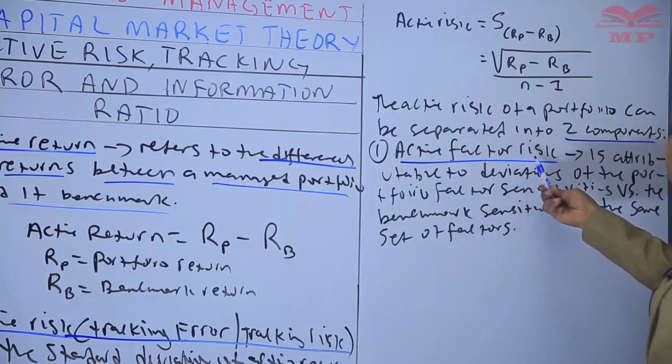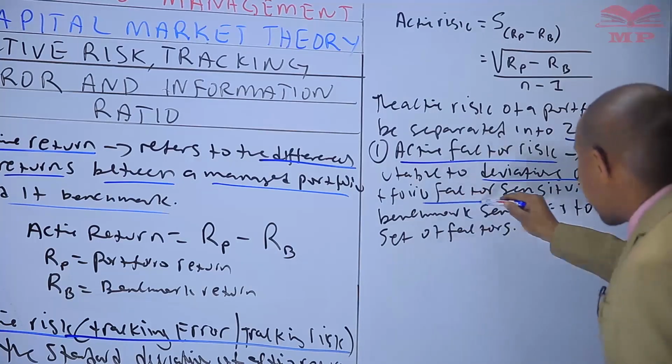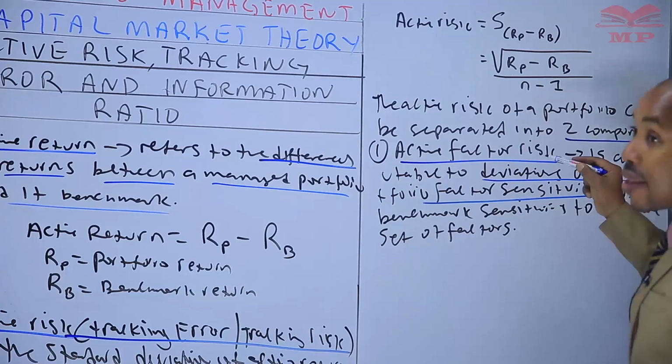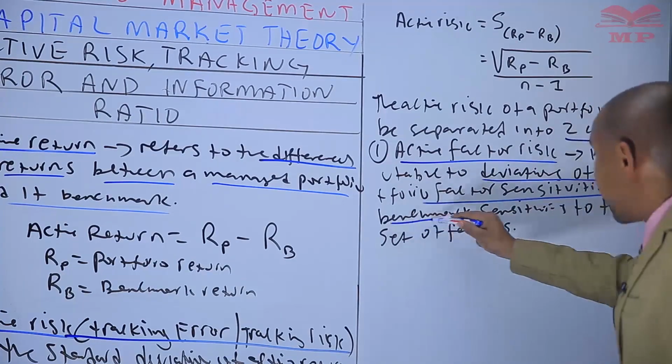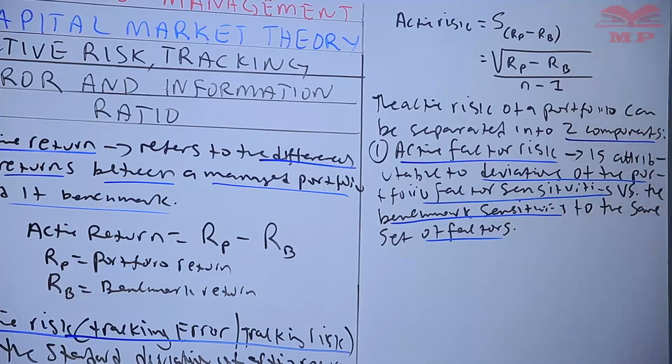Number one, active factor risk, which is attributable to the deviations of the portfolio factor sensitivities versus the benchmark sensitivities to the same set of factors.